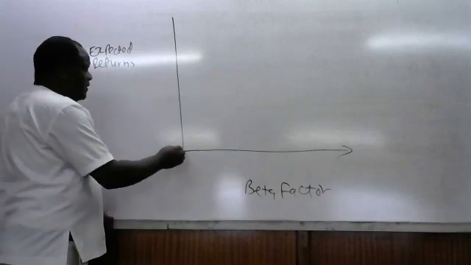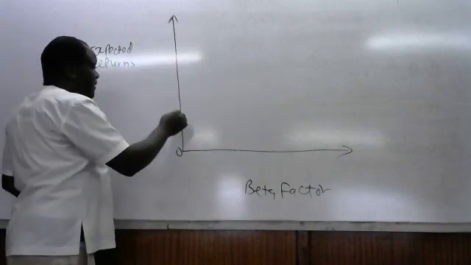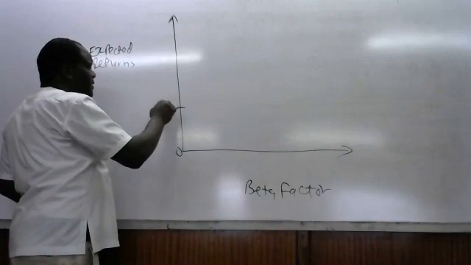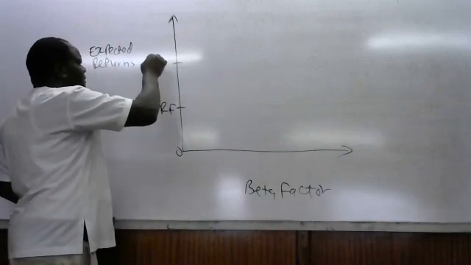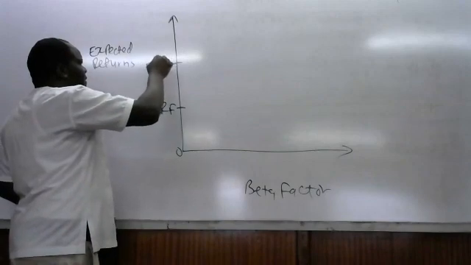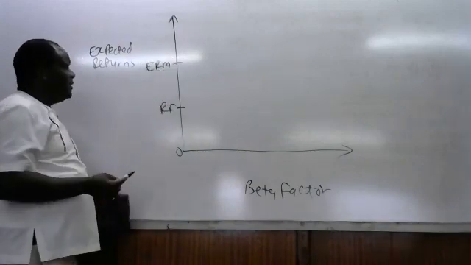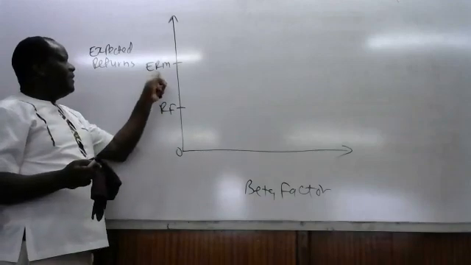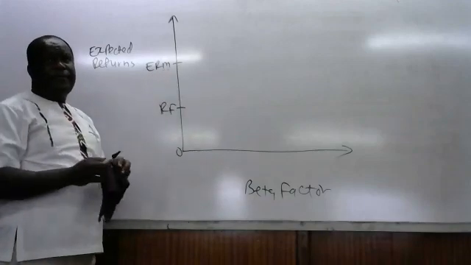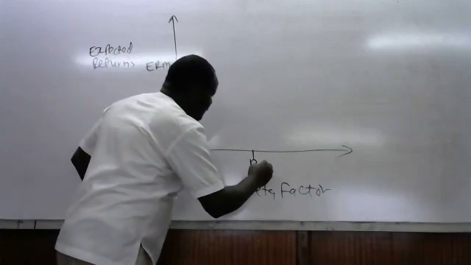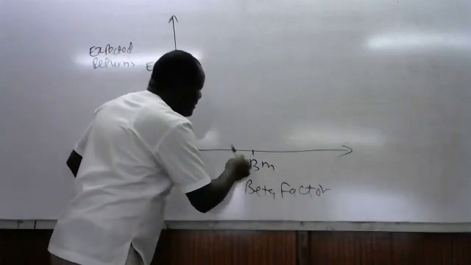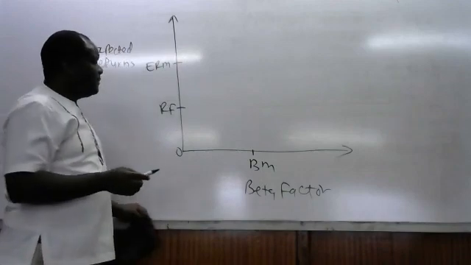Then we shall start from 0. Then we shall have the risk-free rate, and also the expected return for the market. Then we shall also have the beta factor for the market, the beta for the market.